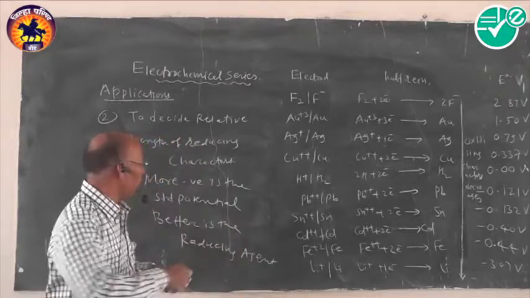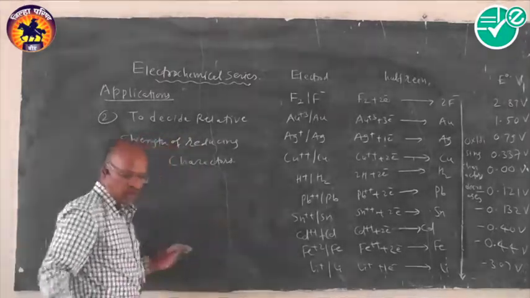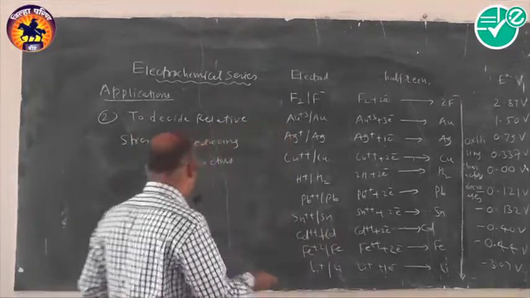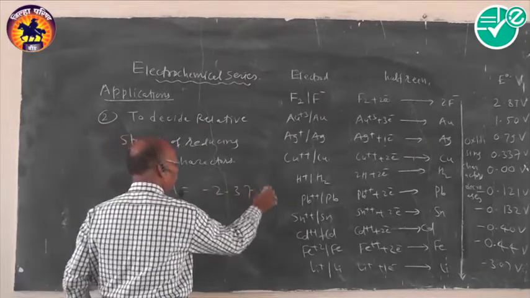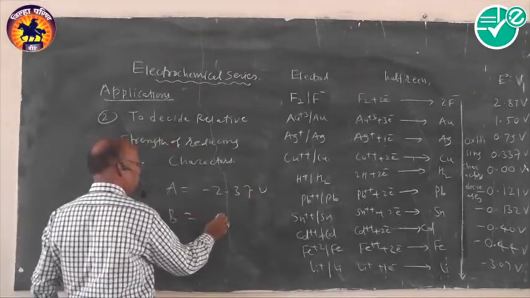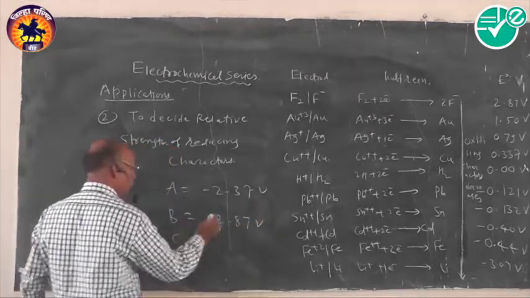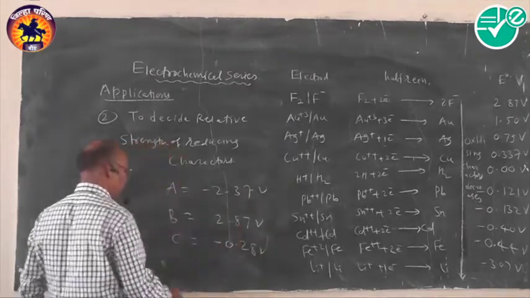Now here I will explain an application, or an MCQ point. We have to choose the better reducing agent from the given species. Suppose A is given as minus 2.37 volt, B is given as 2.87 volt, and C is given as minus 0.28 volt.